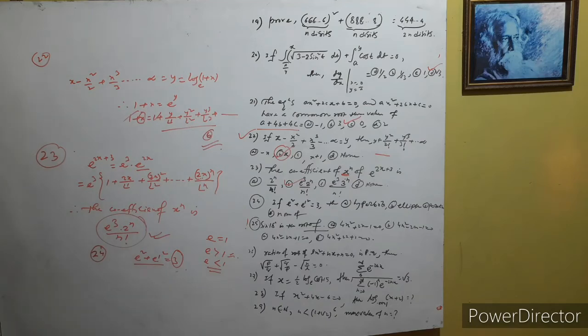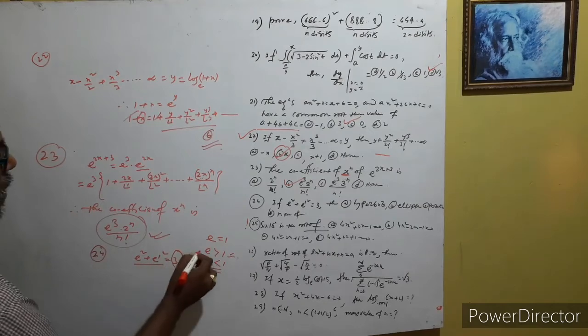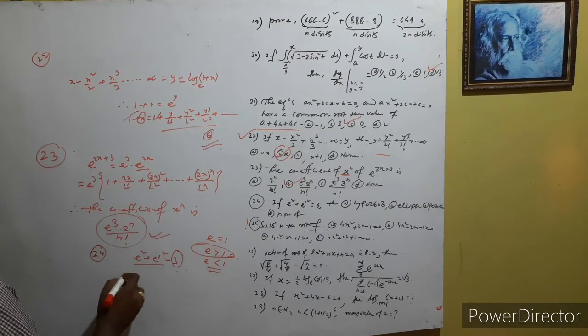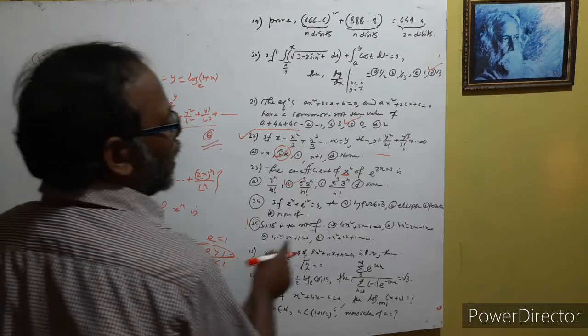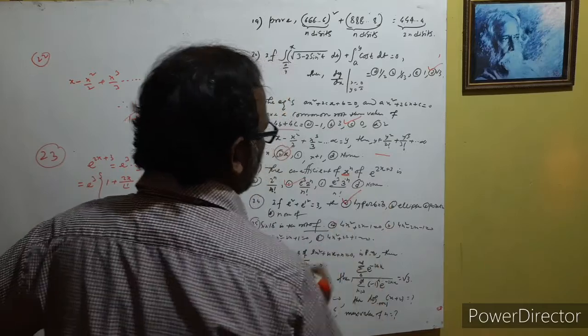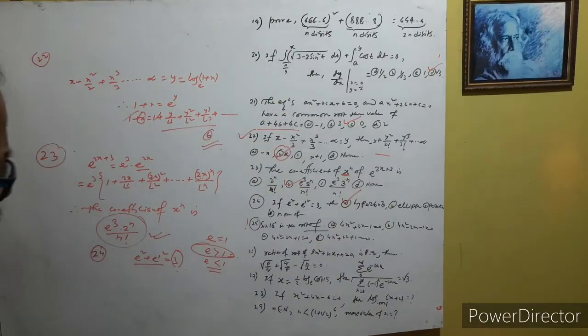If this is less than 1, then e square plus e dash square lies between 0 to 2 but does not satisfy. So it is only possible when it is a hyperbola. So e square plus e dash square is equal to 3 would be satisfied for hyperbola. Option B.